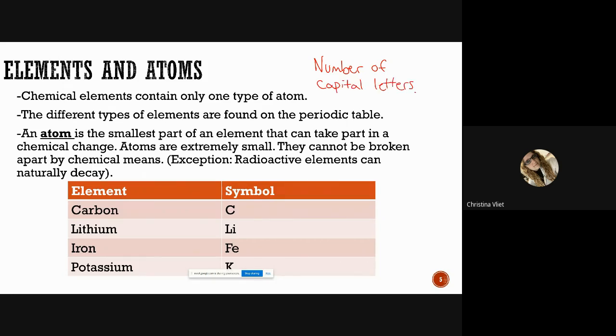Every capital letter indicates an element. Every time you see a capital letter, it means it's a new element. So if you have one capital letter, you have an element. Look it up on your periodic table if you haven't memorized it. If you have two or more capital letters, what does that mean you have? Multiple elements. And what do we call multiple elements together? A compound.